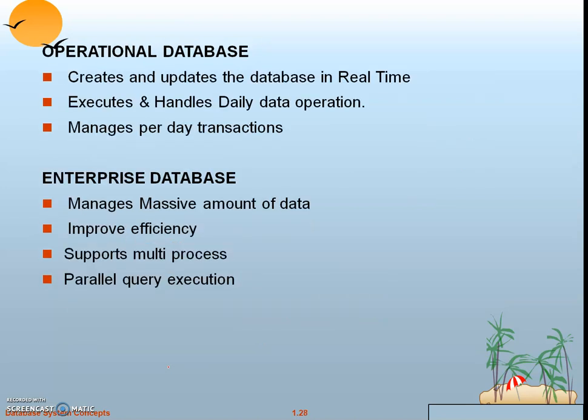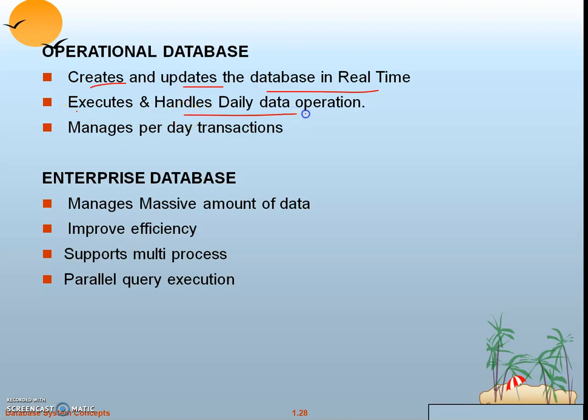Next one is the operational database. An operational database creates and updates the data in real time. That means it handles operations like adding, removing and modifying the data then and there itself, and it executes and handles the daily operations.